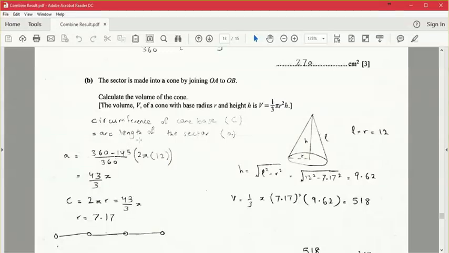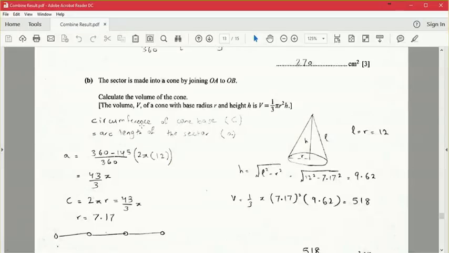So you can see from here that the arc length of the sector, A, equals the angle 360 minus 145 over 360 times the circumference of a circle, which is 2 pi times radius, which is 12, giving us A equals 43 pi over 3. So to get the circumference of the cone, because from the circumference we will get the radius.